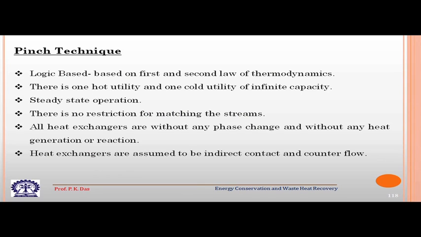All these assumptions are flexible; they can be relaxed, with the cost of complexity in the analysis. The heat exchangers are assumed to be indirect contact and counter flow. Of course, there could be cross flow or parallel flow heat exchangers, but we assume all of them to be counter flow, and indirect contact recuperators.